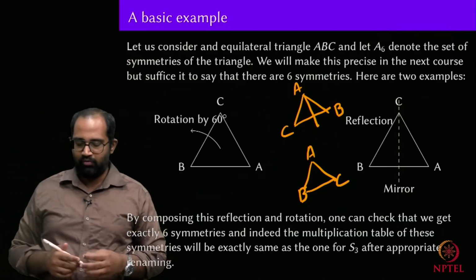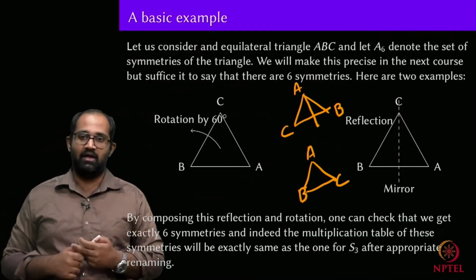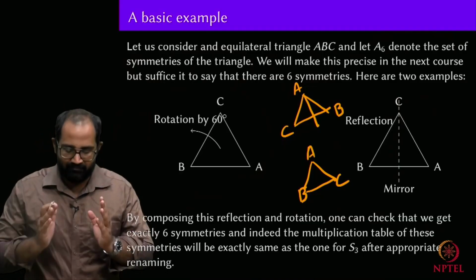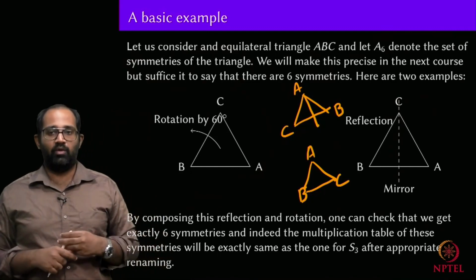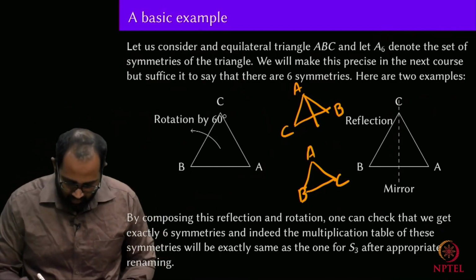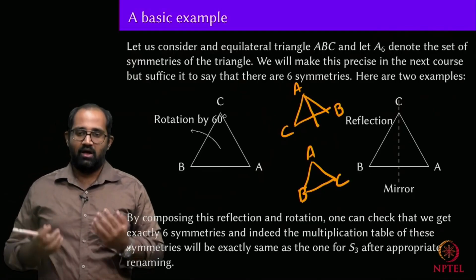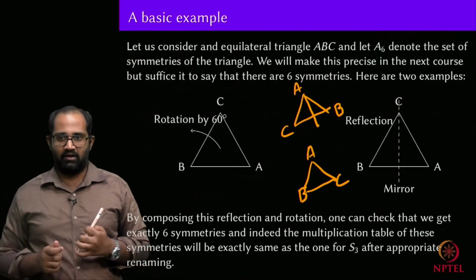That is how you view reflection if you have the flexibility of going to one dimension higher. Again, I emphasize this is just an example to fix some intuition. The details will follow in the next course. Okay. So, reflection and rotation are examples of symmetries of an equilateral triangle.